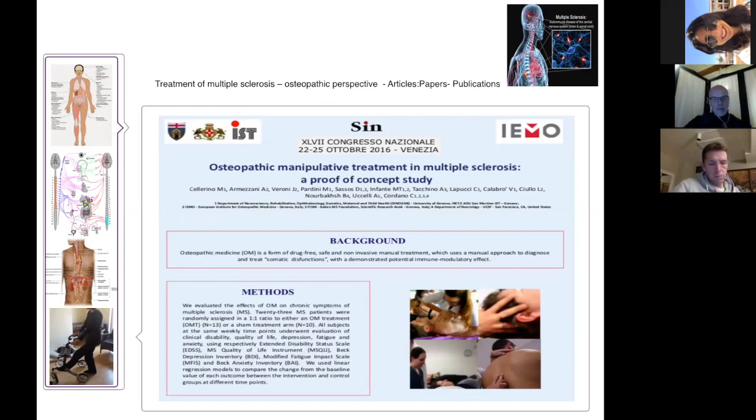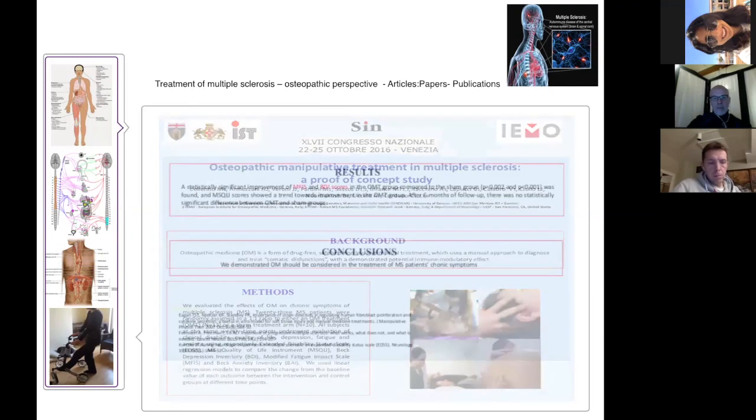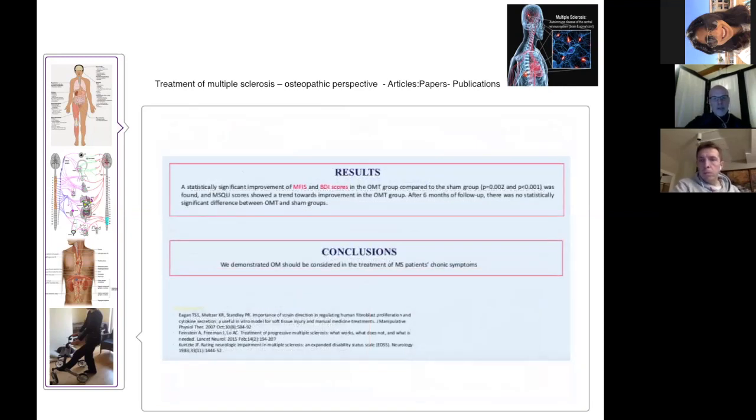For example, clinical disability, quality of life, depression, fatigue, anxiety, and the Expanded Disability Status Scale, which seems to be the gold standard for MS evaluation anyway. The outcome was that their scores improved to some degree, and it demonstrated the potential in MS patients with chronic symptoms and the influence of osteopathic intervention too.